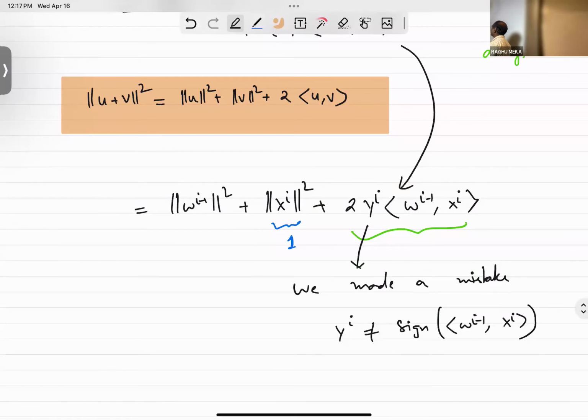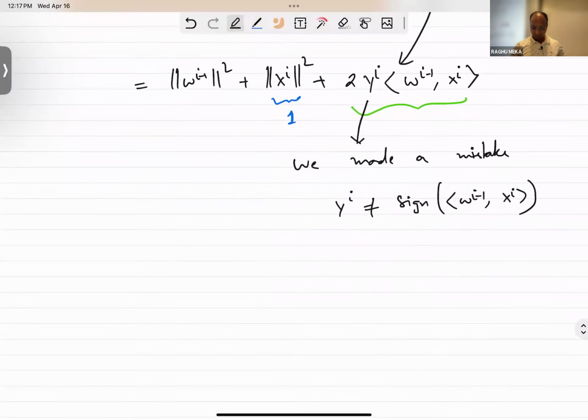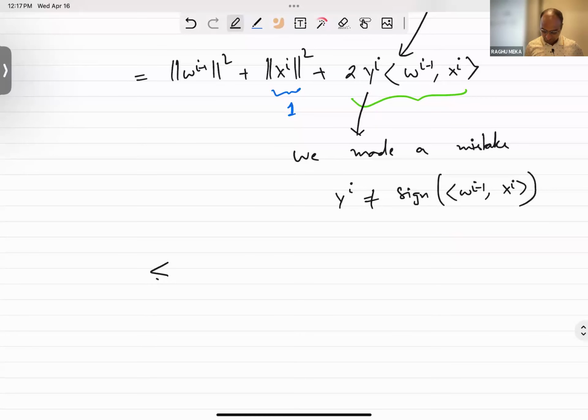So the product will be negative. So that means this is at most norm of wi minus 1 squared plus 1, just because this term is negative. Okay, so now we're in good shape.